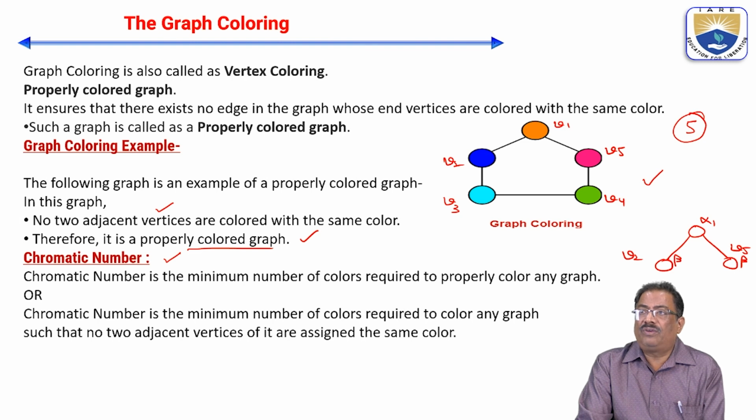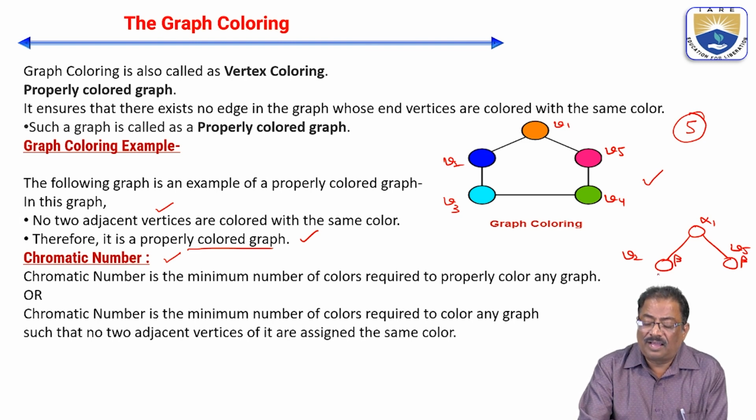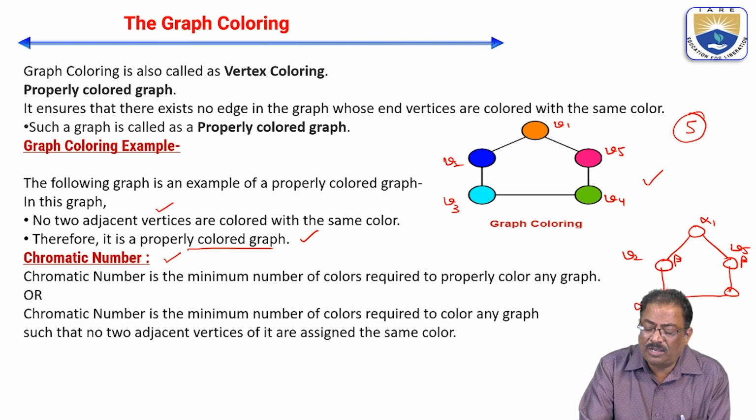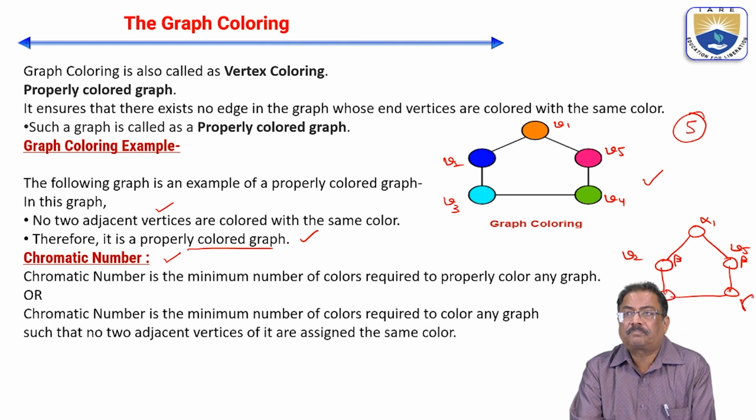So V2 and V5 I am going to assign the beta color. And for the remaining vertices, here they are adjacent, so I cannot assign the same color. I can assign the alpha color here, and here I am going to assign the gamma color also.